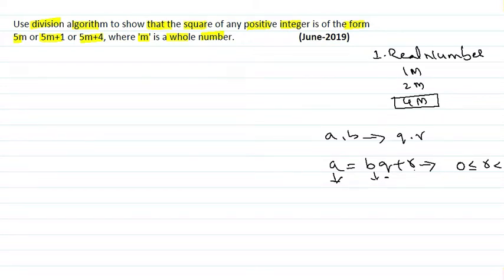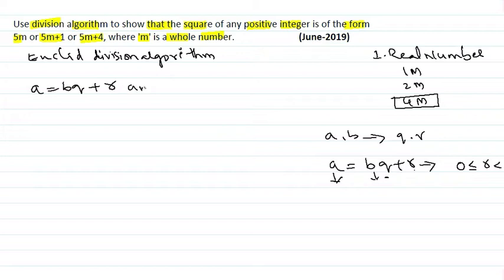Means r always must be less than the divisor. So first we need to write the Euclid algorithm here, that is a equals bq plus r, and we need to write the condition.